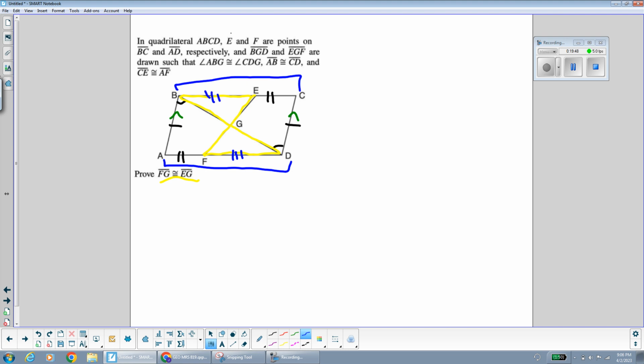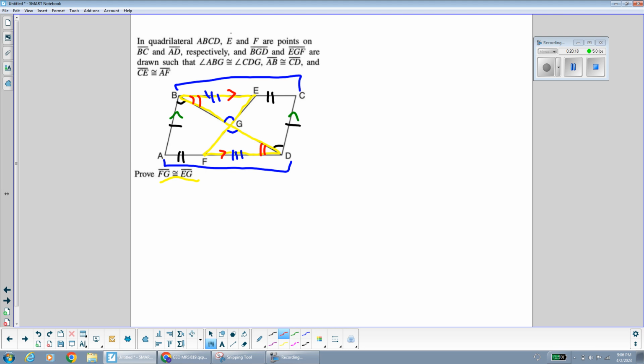I also have my congruent vertical angles. And I also know, since ABCD is a parallelogram, that the opposite sides are not only congruent, but they're parallel. And once I know that these opposite sides are parallel, I know that the alternate interior angles formed by those parallel lines are also congruent. So I see here that I have AAS. There's been a lot of AAS in this Regents review.